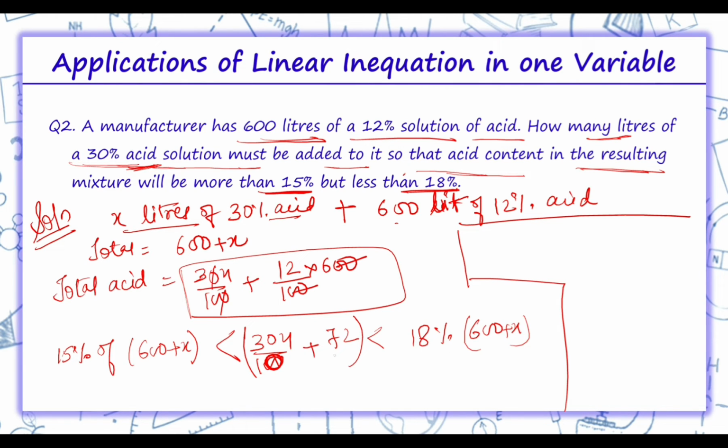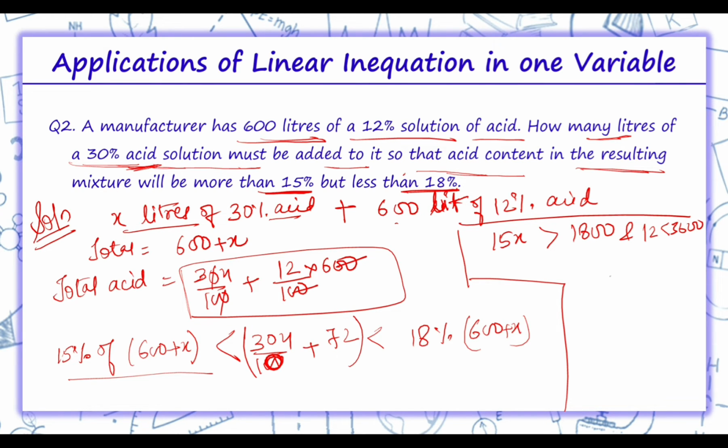So here we've got two statements. On solving the first part, we get 15x greater than 1800, and the next part gives 12x less than 3600.